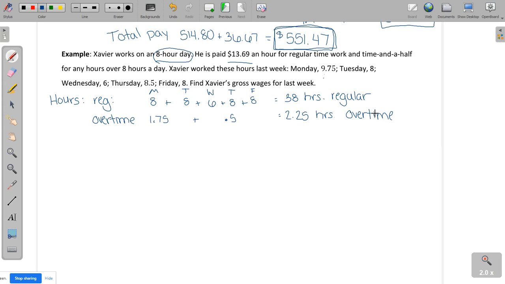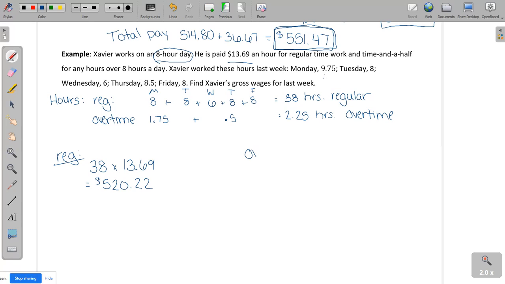Now, let's figure out the regular pay first and then go into the overtime pay. So for regular pay, we're going to take the amount of hours, 38, and multiply it by how much he gets paid an hour, $13.69. When we multiply this, we get $520.22.